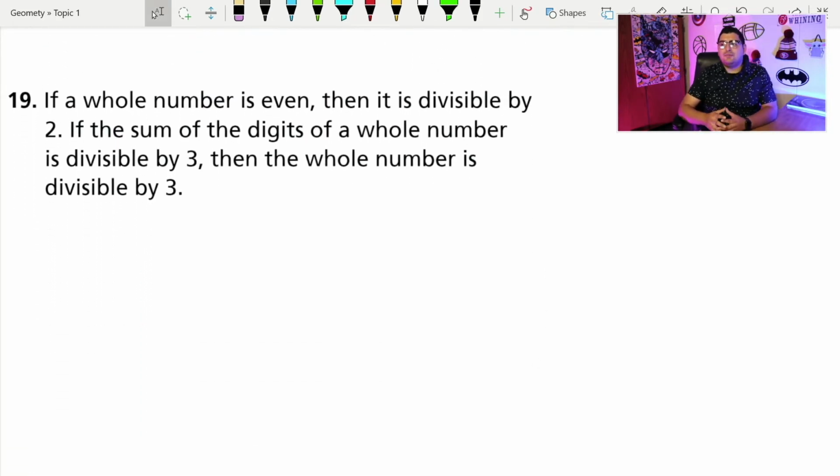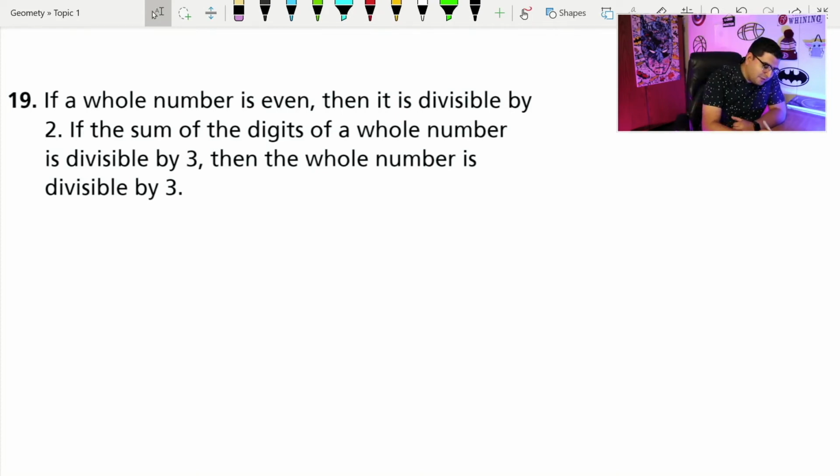It says if a whole number is even, then it is divisible by 2. If the sum of the digits of a whole number is divisible by 3, then the whole number is divisible by 3. So again, I'm going to look into these two statements and see, is the conclusion of one of my statements the hypothesis to the other?